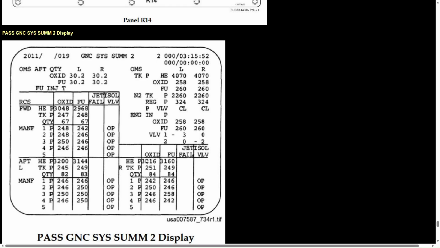So this right line right here is talking about the helium pressure that we have for the oxidizer and the fuel. So this is where we're going to be looking. You see the pressure is 3200 here, 3144, 3216, 3160. This is what you're going to be monitoring right now to see how much pressure you have.